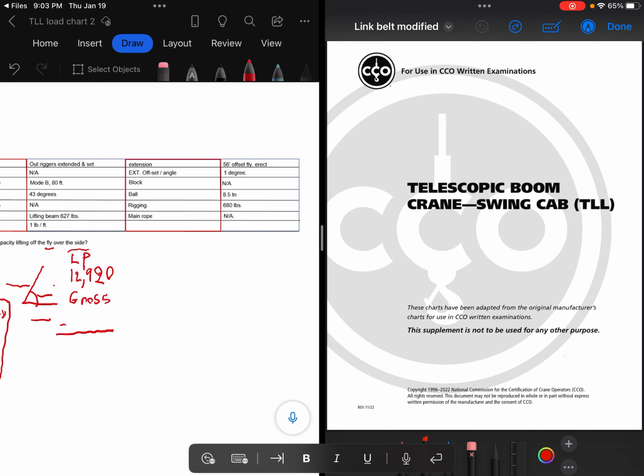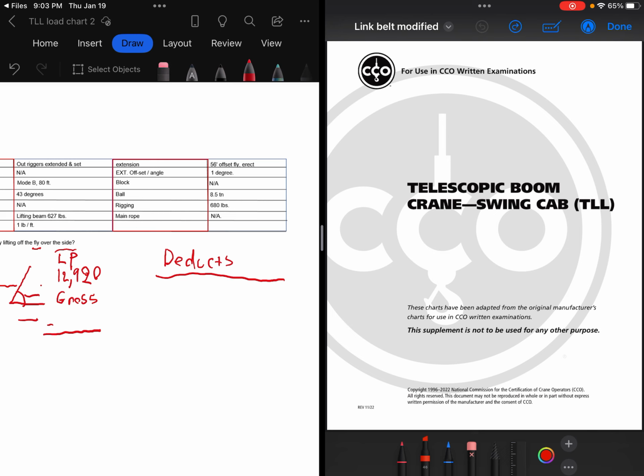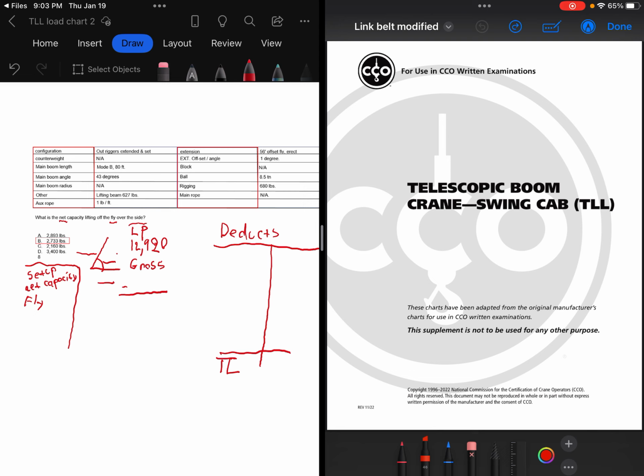And over here, we're going to write our deductions. A line, a little straight line down to the bottom, total. So I think we've got everything laid out how we need to.